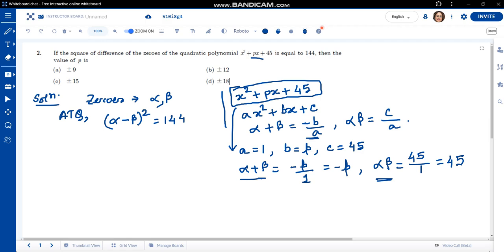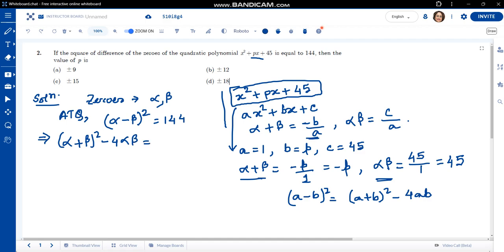I think you all know that a minus b whole square is equal to a plus b whole square minus 4ab. So alpha minus beta whole square means alpha plus beta whole square minus 4 alpha beta equals 144.